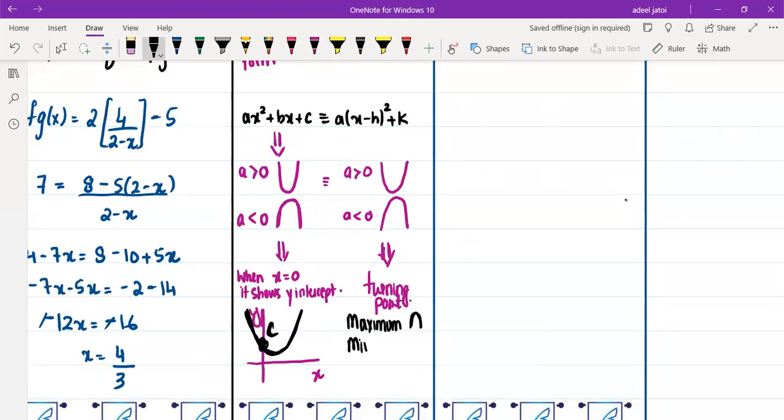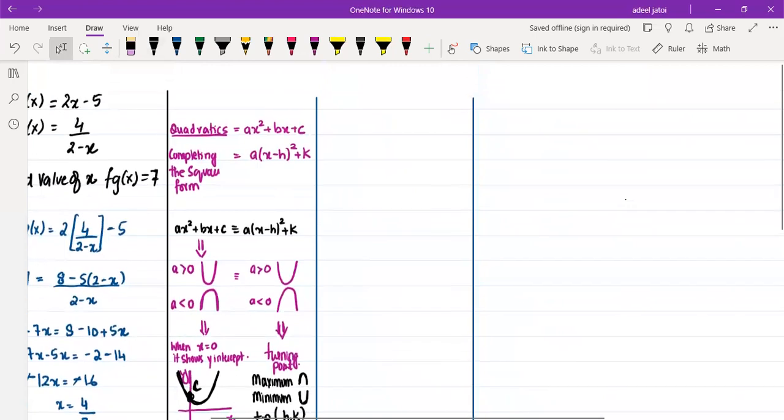It can be a minimum if it is a U-shaped curve. But the turning point generally comes from h comma k.